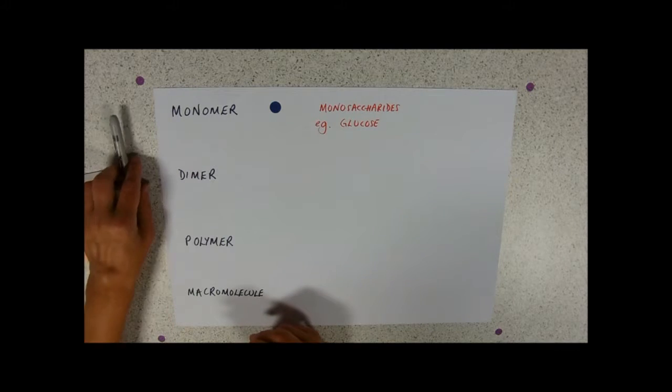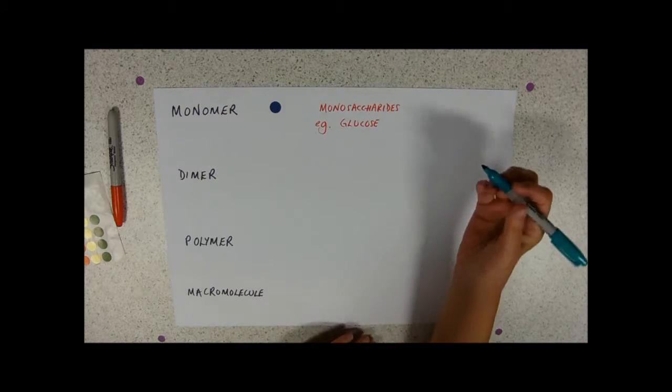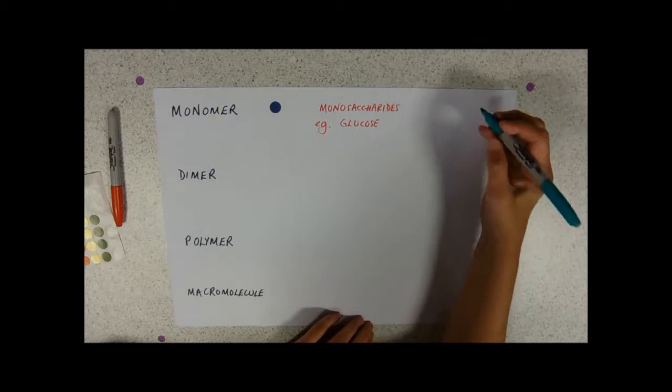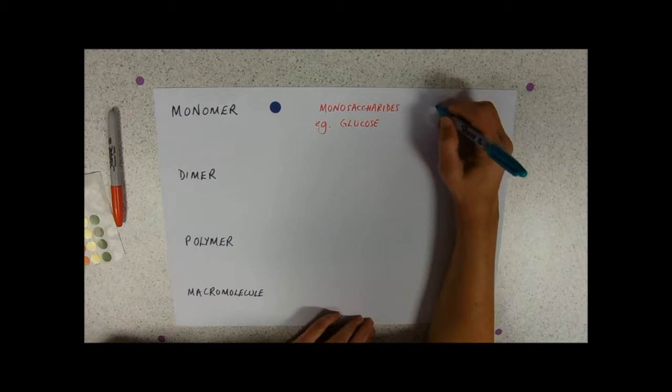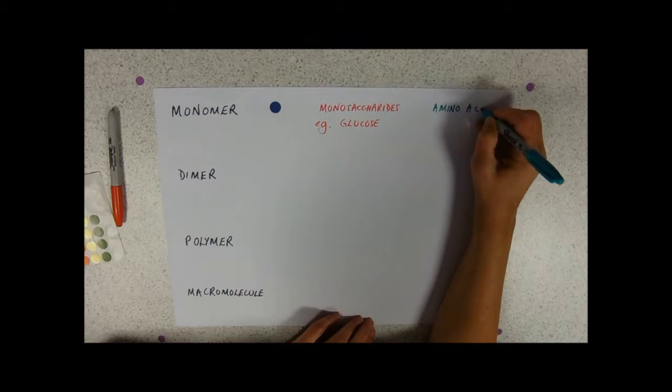Now, in proteins, when you did proteins at school, you did them in terms of digestion, and you know that proteins are broken down to amino acids, and so the monomer of a protein is an amino acid.